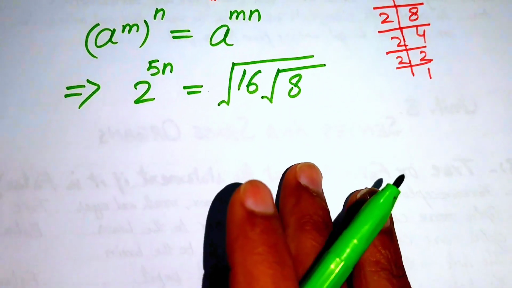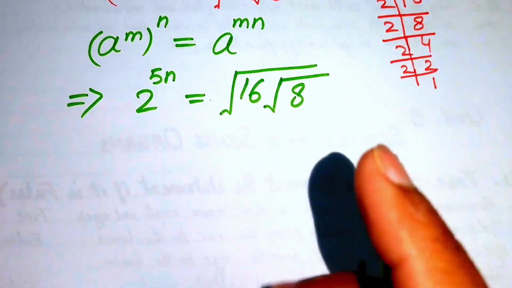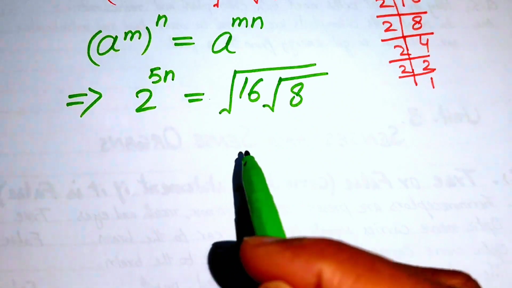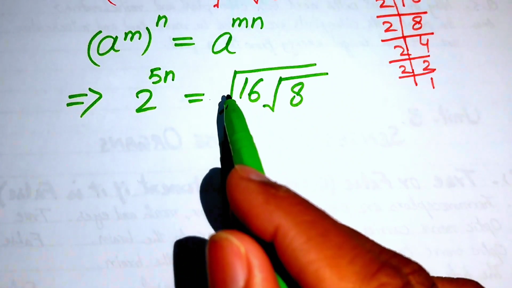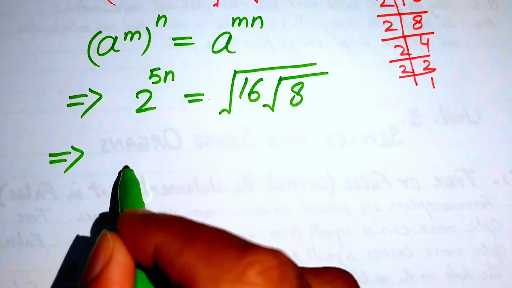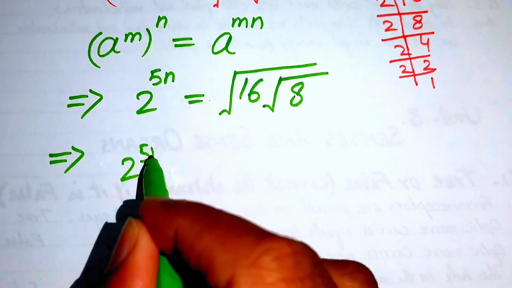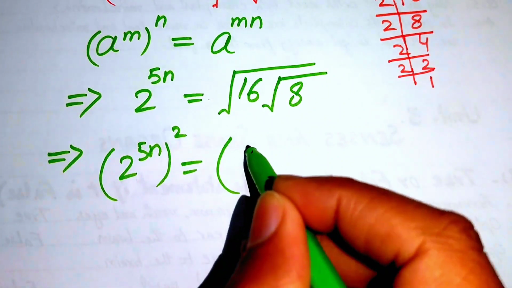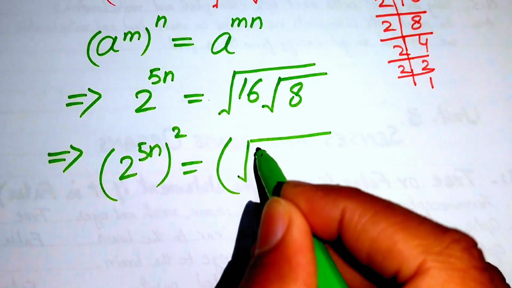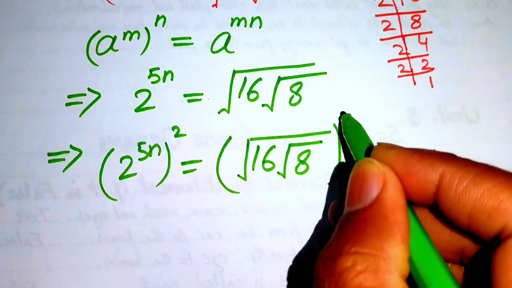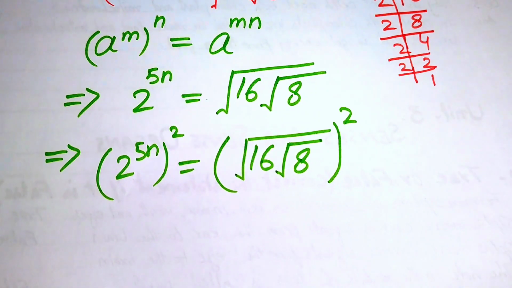Now our target is to remove or eliminate these two square roots. In order to remove the square root we need to take the squares on both of the sides. So we take square on both of the sides, then we get square root of 16 into square root of 8 and its whole square.